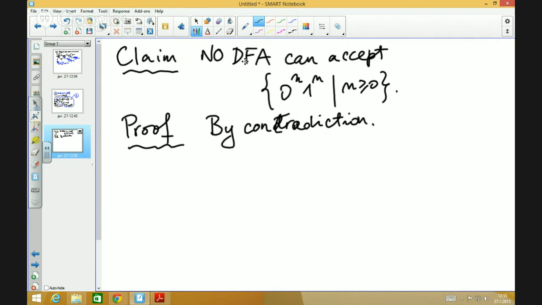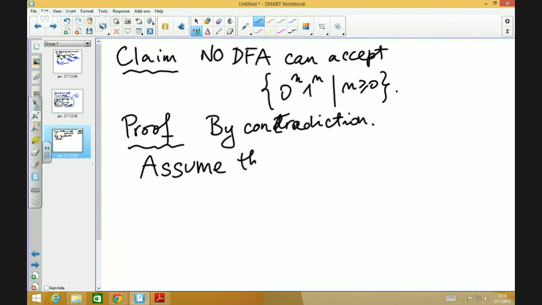So how does this work? We assume that we have built a DFA that accepts this language, and out of this assumption, we will generate a contradiction. The conclusion will be there is no DFA, because if we have one in our hand, we assumed that it does the job, but it really doesn't do that job. So how do we proceed?